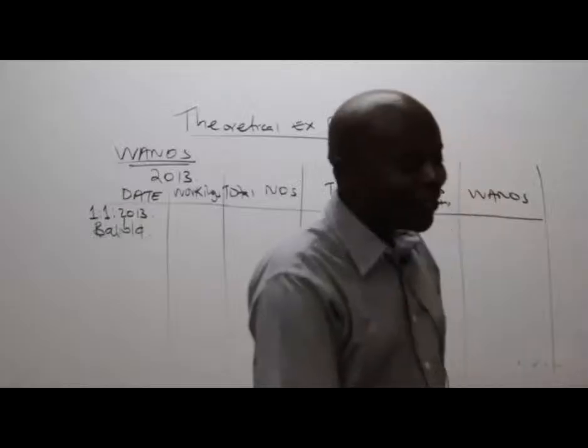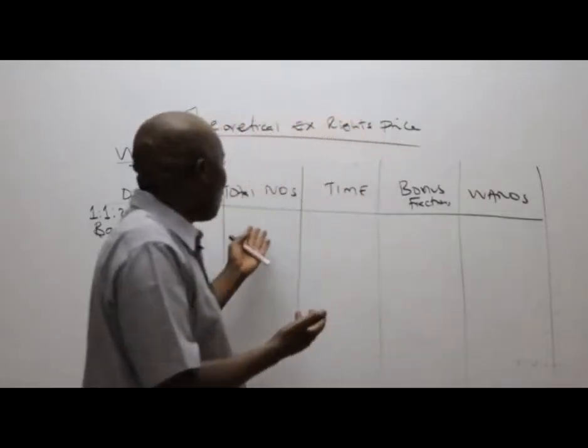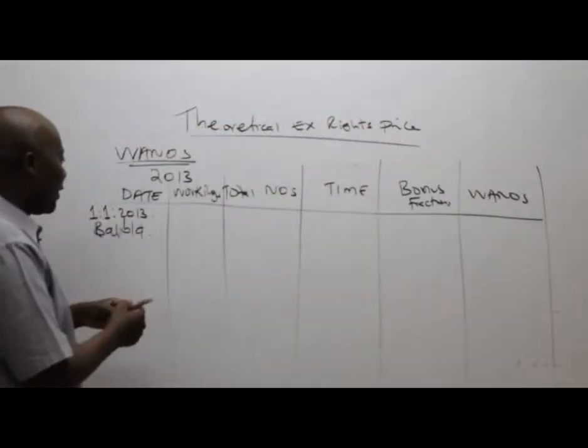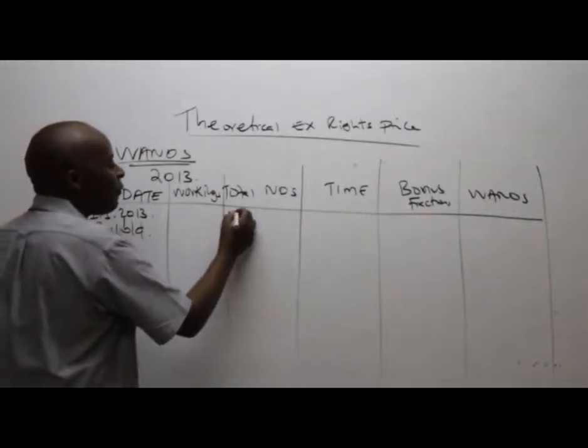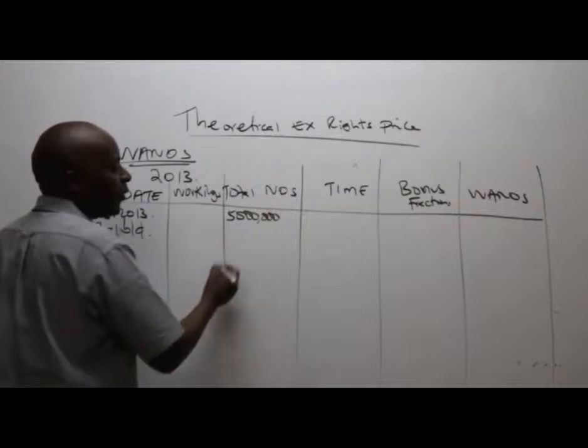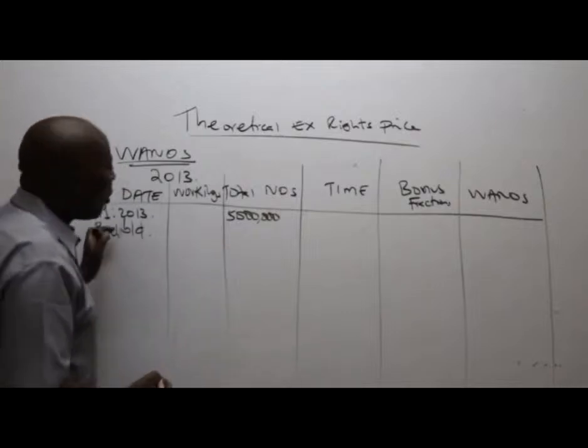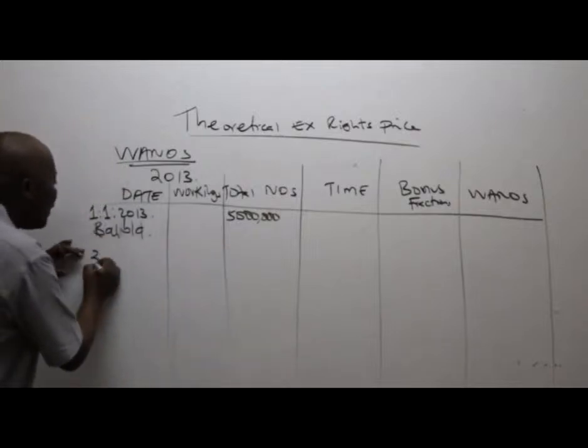So 2013 is closed. I ought not even to have drawn this kind of a big table for 2013, because in 2013 the total number of ordinary shares was 5 million. Ladies and gentlemen, all the way up to the end of 2013, there was really nothing here.